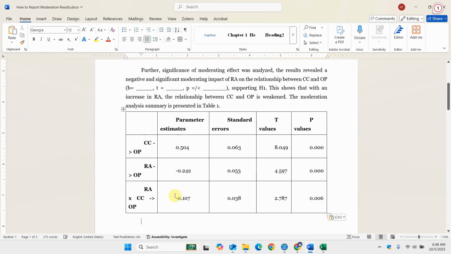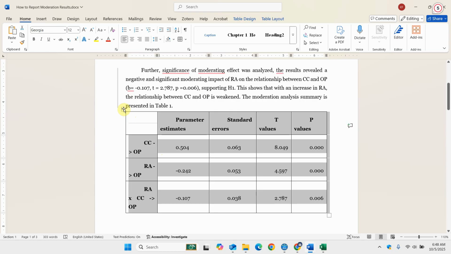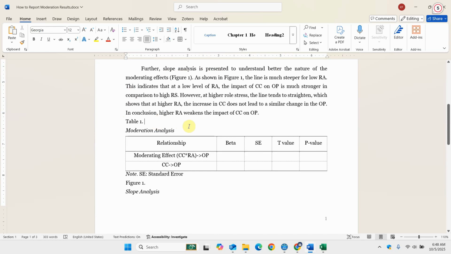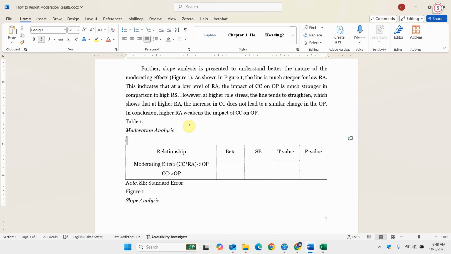What is the beta value? This is minus 0.107. And what is the t value of the interaction effect? 2.787. And the p value is 0.006. Now again, let's cut this table, and we can later use it here in the moderation analysis.